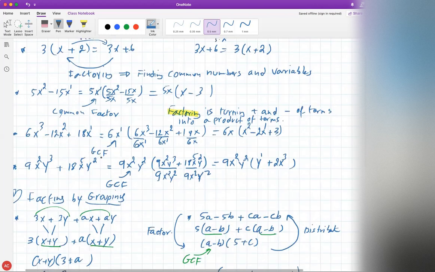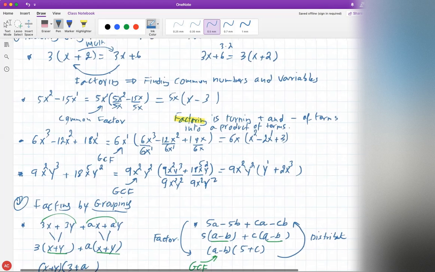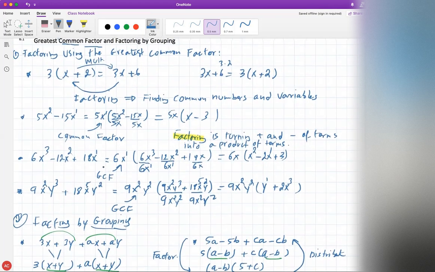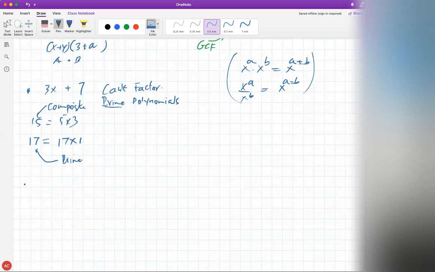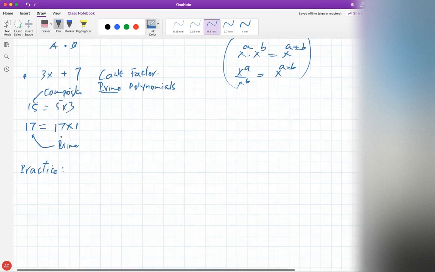Okay, so let's do a few of these problems here. All right, so prime factors, prime numbers or polynomials don't factor. So after you try everything, if it doesn't factor, that's fine.